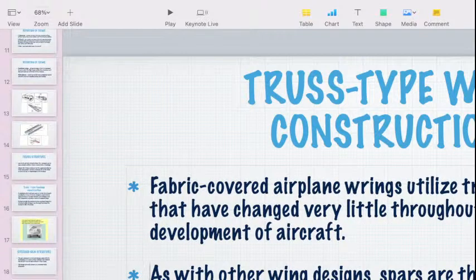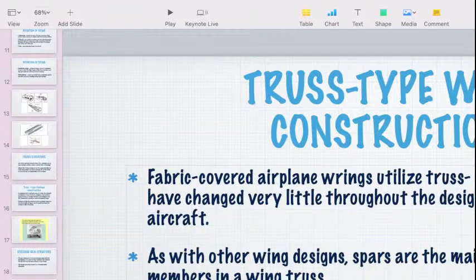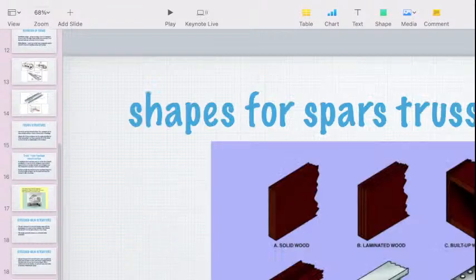In the past, spars were mainly manufactured of wood, but the majority of modern aircraft incorporate spars fabricated from extruded aluminum alloy. This is out of your Jeppesen textbook.